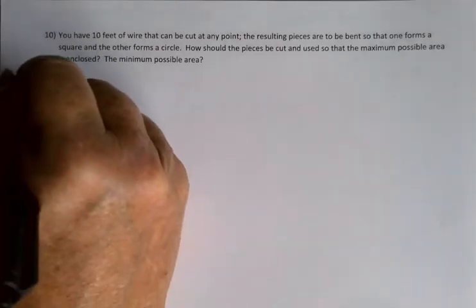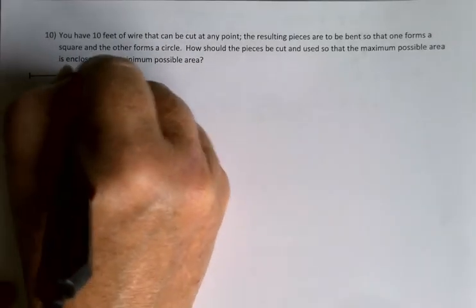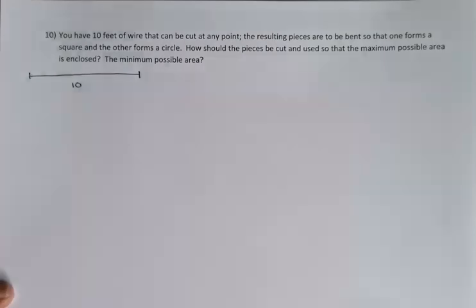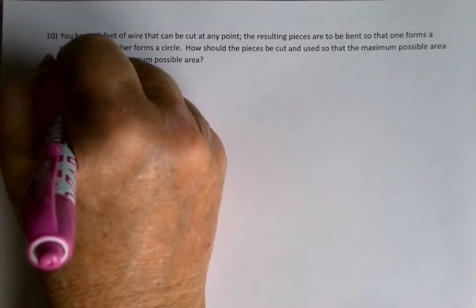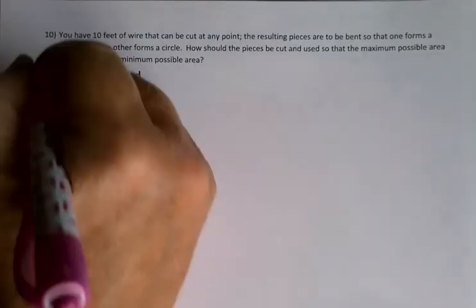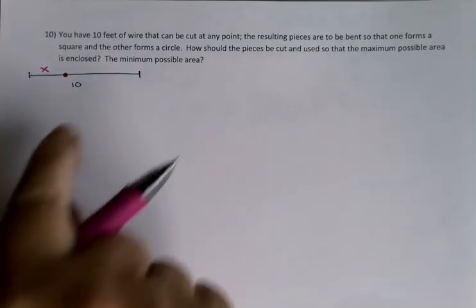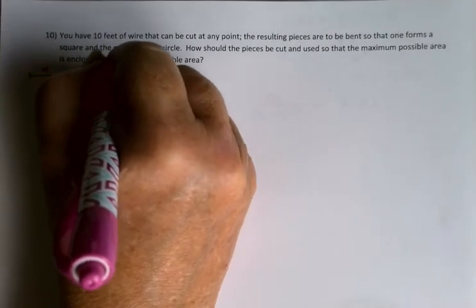All right, so let's start with our 10 feet of wire here. And we're to cut it at some point. So if I cut it right there, then one of the pieces I could say is x units long, and then the other one would be 10 minus x.